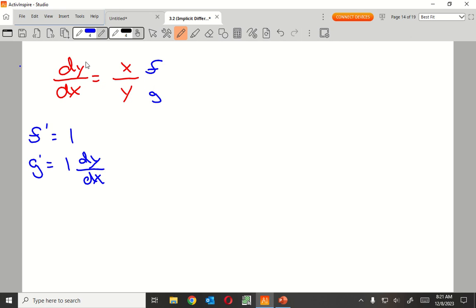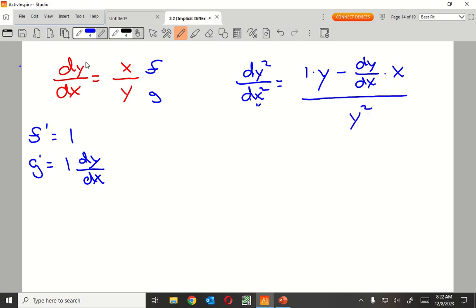The second derivative is equal to, now quotient rule says f prime g, so that's going to be 1 times y, minus g prime, which is 1 dy dx, times f, all over y squared.